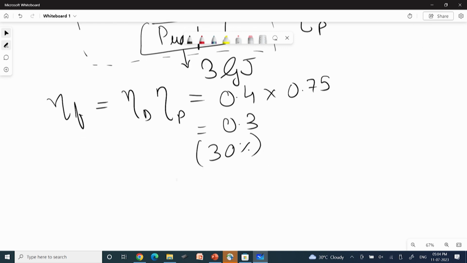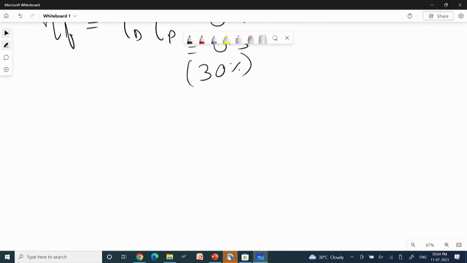Now, if we try to see the overall efficiency for a system like this, which is eta overall, it would include the multiplication of eta R from the refinery, eta of transportation and distribution, eta of the diesel engine, and eta of the pump.